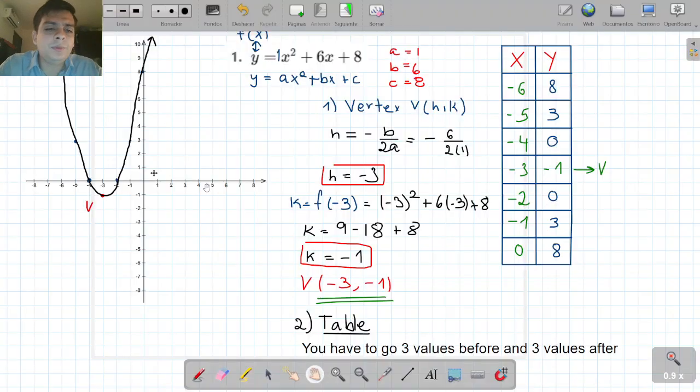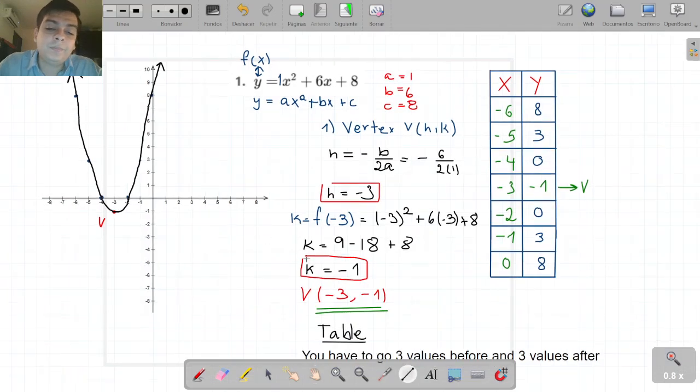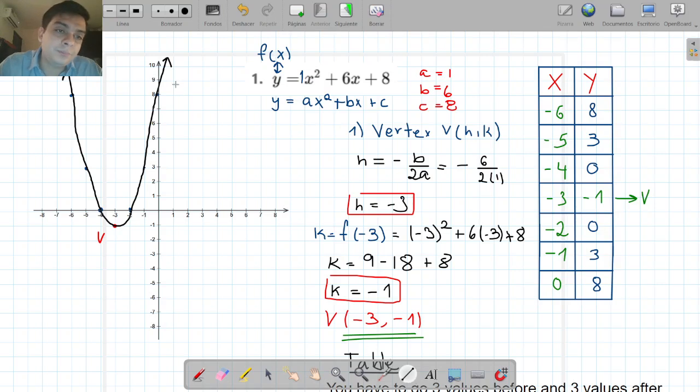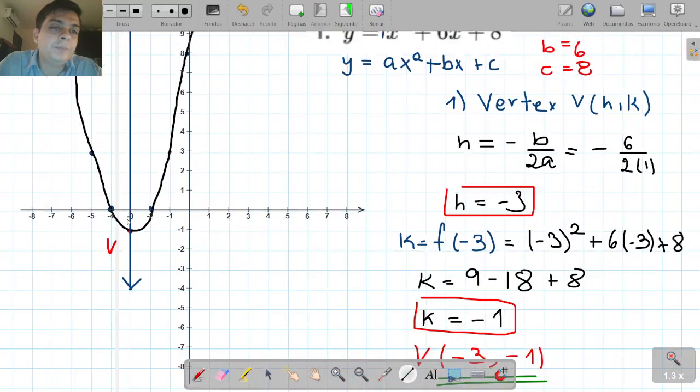The axis of symmetry, that is number 2. The axis of symmetry is very easy to find. Axis of symmetry means you have to draw a line right in the middle. In this case it will be here. And this line is showing that it's symmetric, it's like a mirror. What is the axis of symmetry here? It's always a number that passes through this line, -3.